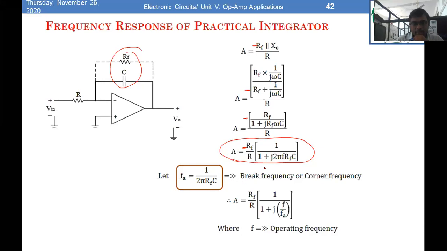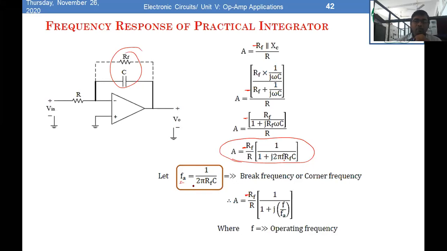Now you can see what the breaking frequency FA is. FA is equal to 1 upon 2 pi RF CF. So you can write A is equal to minus RF upon R1 times 1 upon 1 plus j f divided by FA, because FA is 1 upon 2 pi RF CF, which we have already seen.